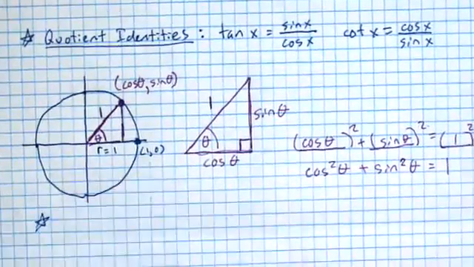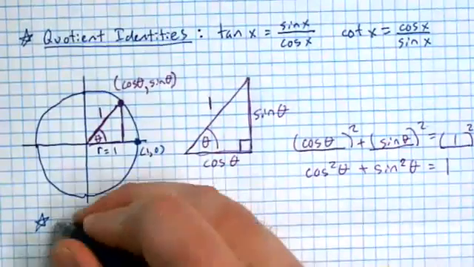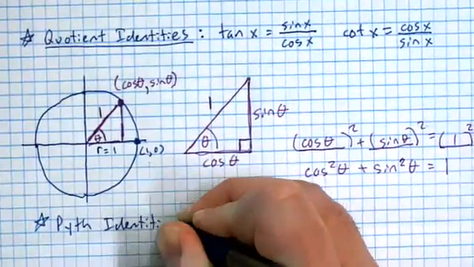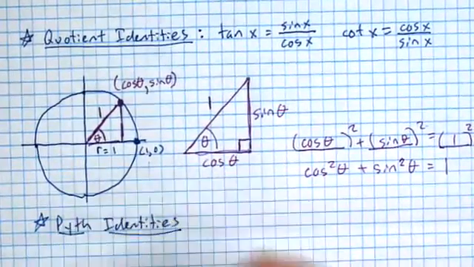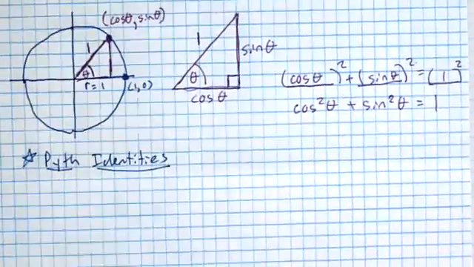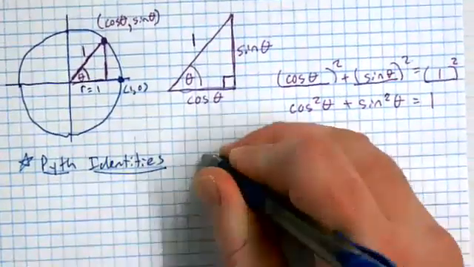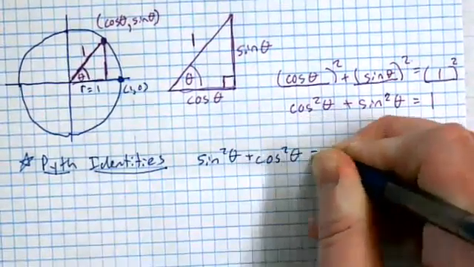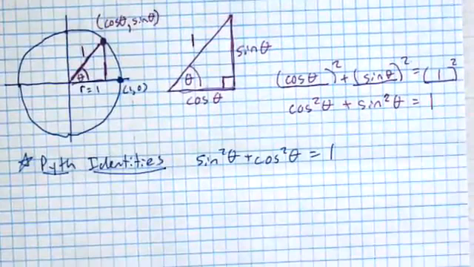You want to know sine squared plus cosine squared equals 1. The key one to know is that sine squared theta plus cosine squared theta equals 1. You're going to see that again and again.